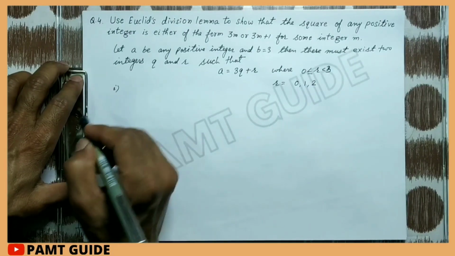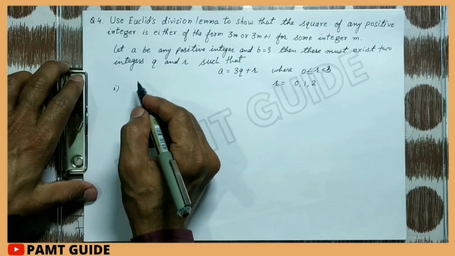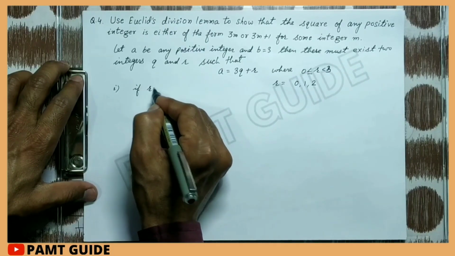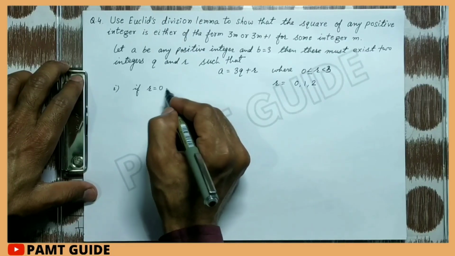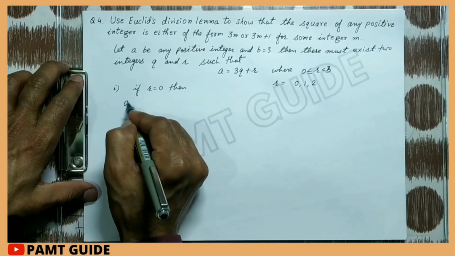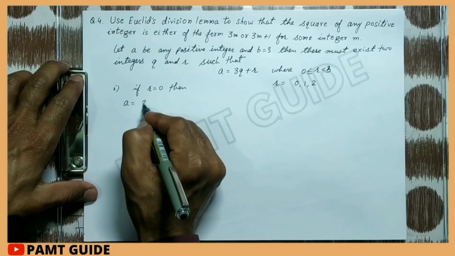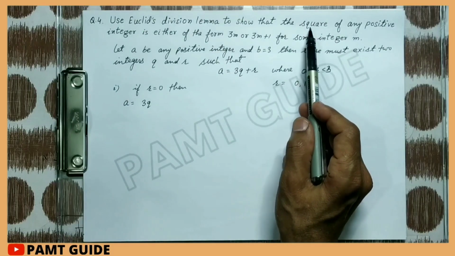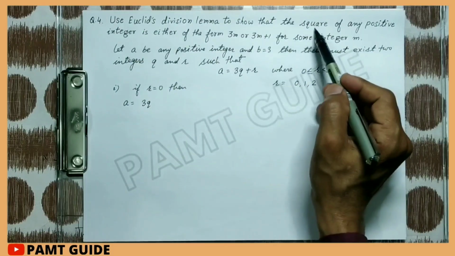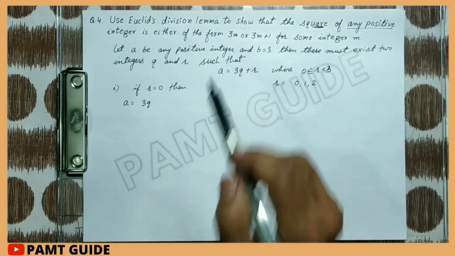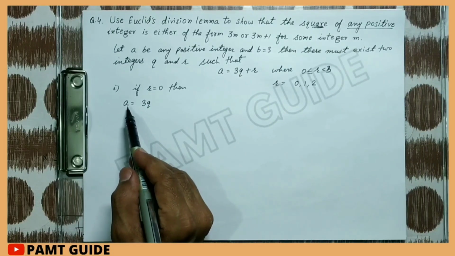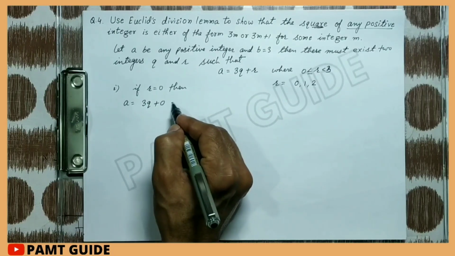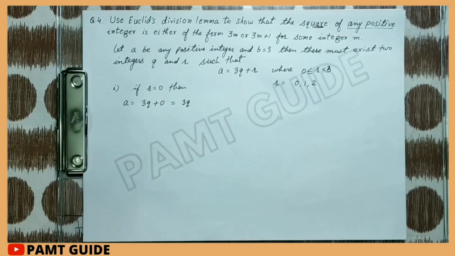Now case 1, when we take the value of r equal to 0. If r equal to 0, then a equal to 3q. Since the question is saying the square of any positive integer, so the number is a equal to 3q plus 0, and we can write it only 3q.